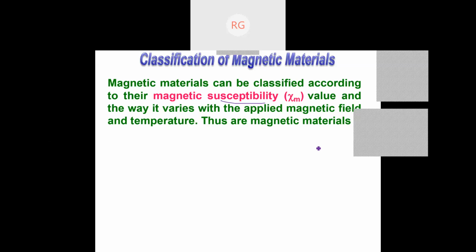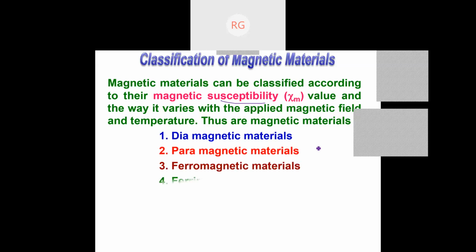Thereby, the materials are classified into several categories: diamagnetic materials, paramagnetic materials, ferromagnetic, ferrimagnetic, and antiferromagnetic materials. In this unit, our emphasis is on the last three: ferromagnetic, ferrimagnetic, and antiferromagnetic materials. Since at plus two level you studied a lot about diamagnetic and paramagnetic materials, now we will concentrate more on the last three, especially ferro, ferri, and antiferromagnetic materials, to see the engineering applications of those materials.